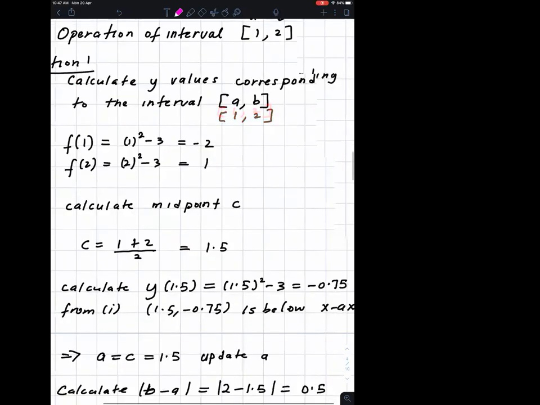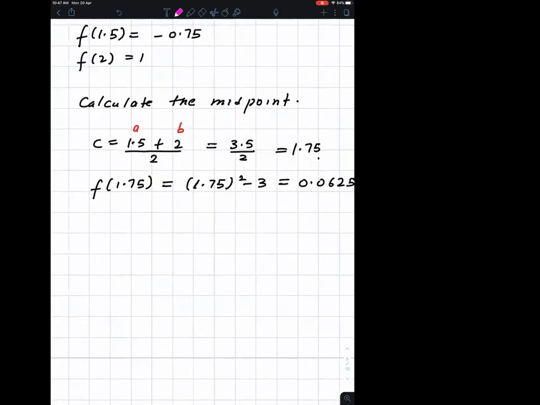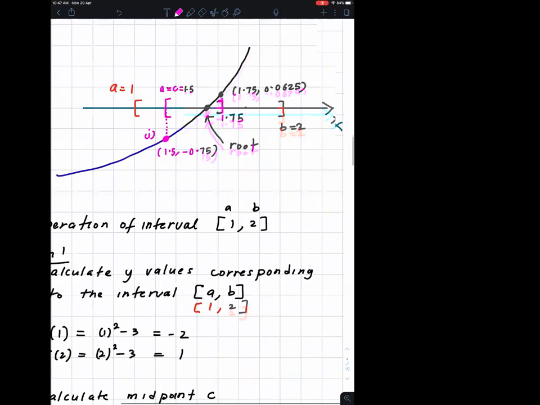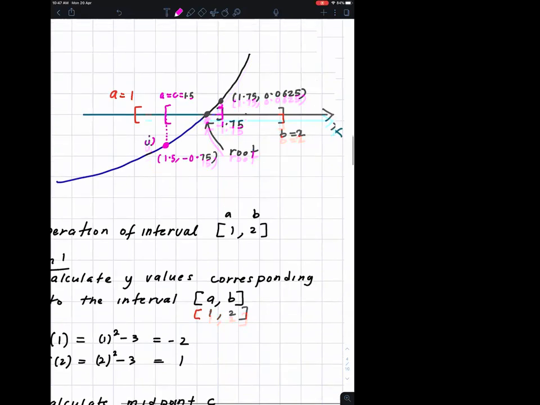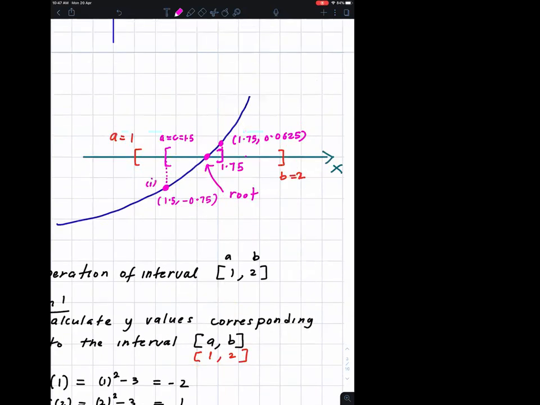So everybody follow this? Do we know why we are updating B and not A? I call this point Roman 1. Call this point Roman 2.